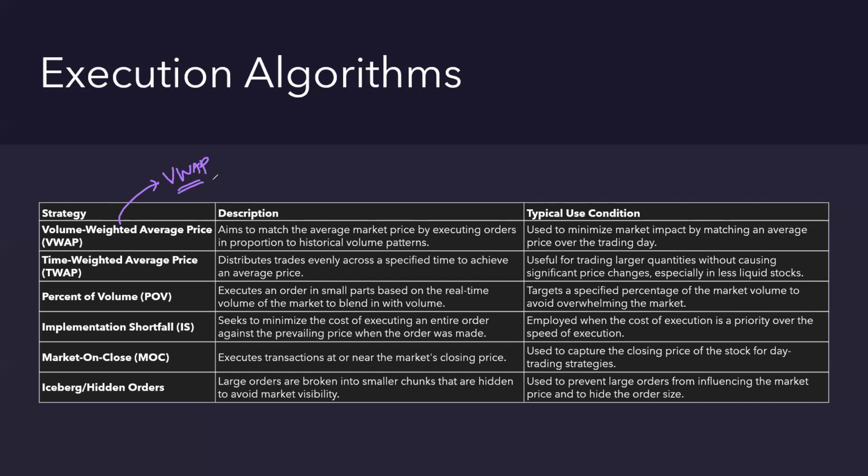Now, in simple terms, how this VWAP works is, if you see any stock or any index volume pattern, mostly morning volumes will be very high. And then mid of the day, what happens? The volumes will slow down. Maybe randomly there'll be some big volumes, but mostly you'll be seeing low volume activity.